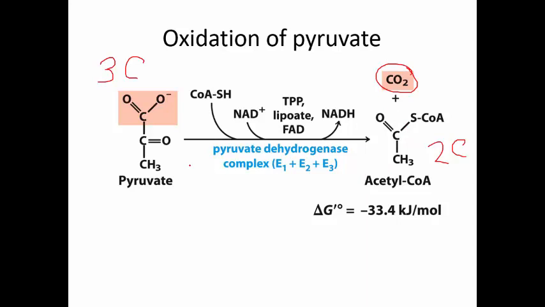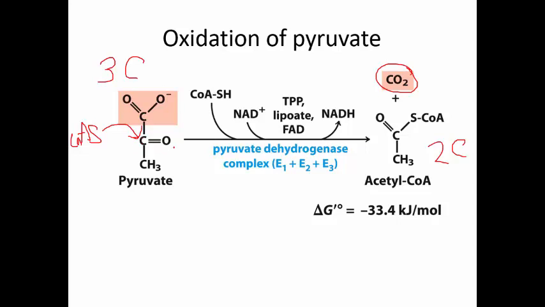So what's happening here is we're going to remove the CO2, and then we're going to put on the CoA. Pyruvate is an alpha keto acid, which means that we have the acid, and on the next carbon over, we have a ketone.